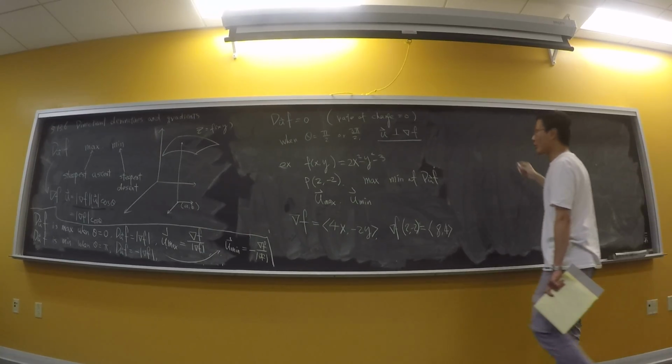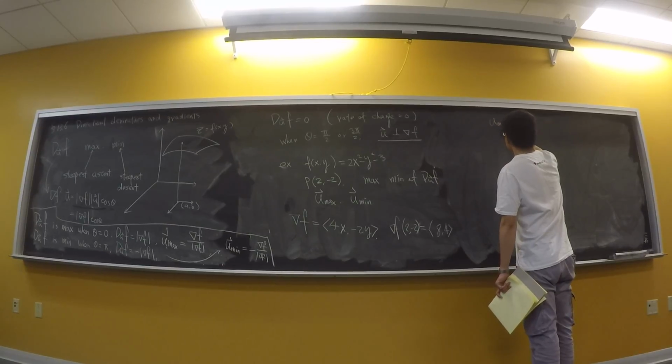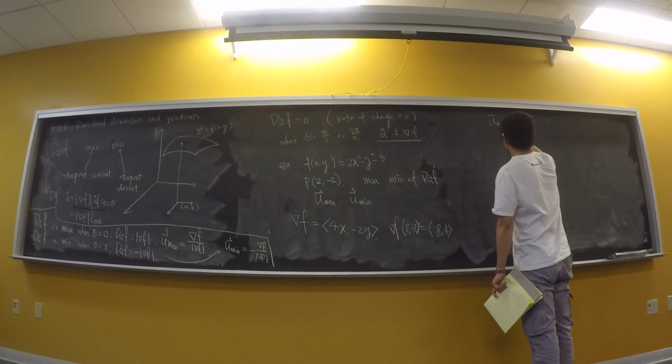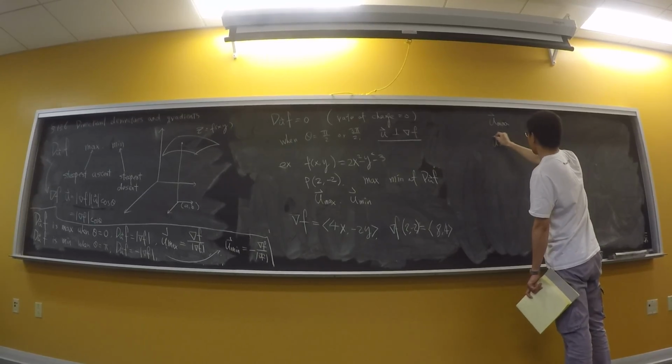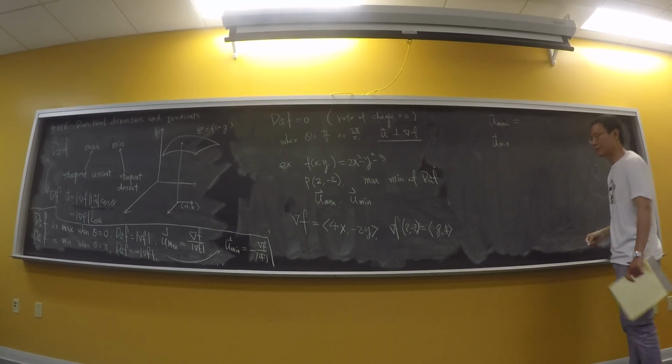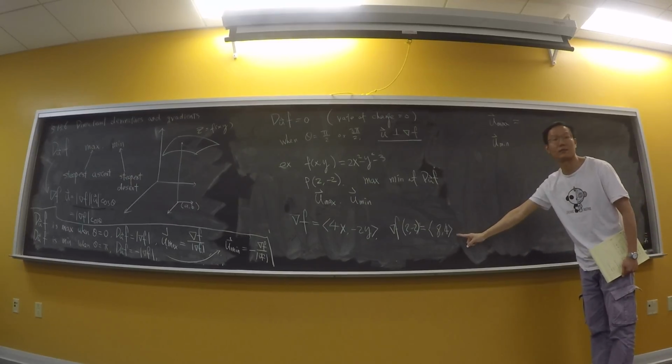U min and U max are actually pretty easy to do. They are just a normalized vector of the gradient vector, right?